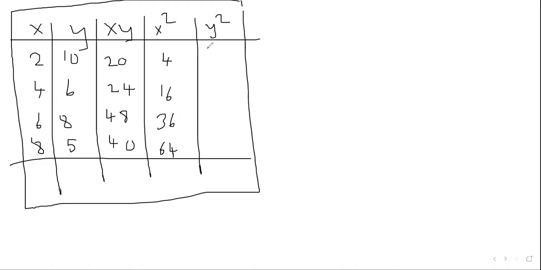And here, we're going to square these values of y. We're going to have 100, 36, 64, 25. So what remains now is to give me the sum totals there. Can we do the sum totals quickly?